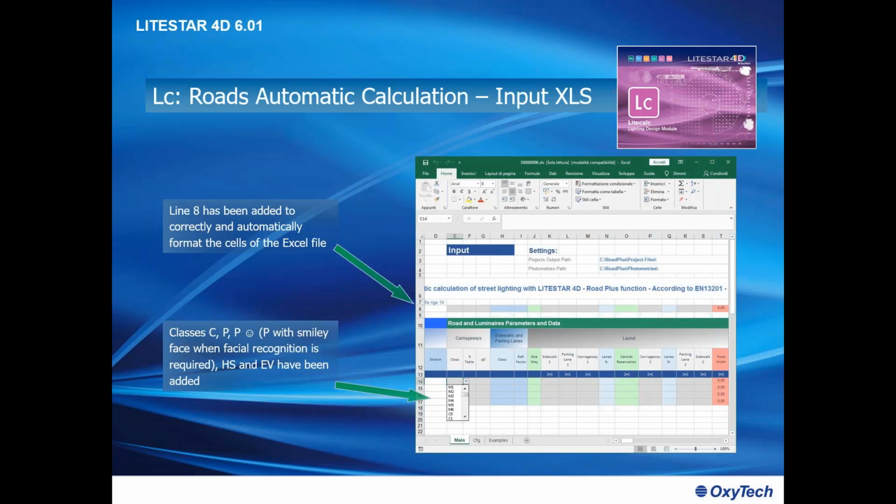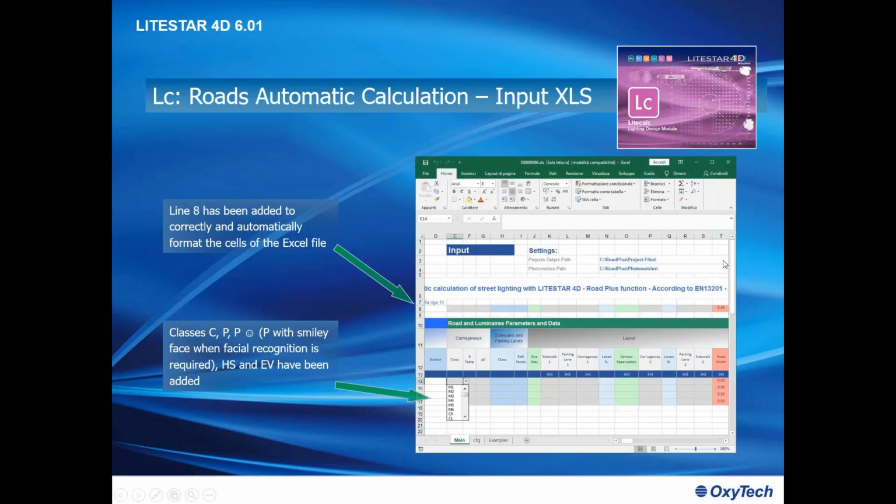So, for example, for the road width, if you input a number, but the configuration of the cell is not a number, it is a text, then the program won't work. So it will stop and won't continue the calculation.